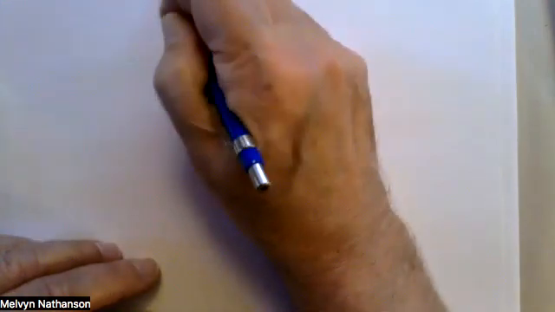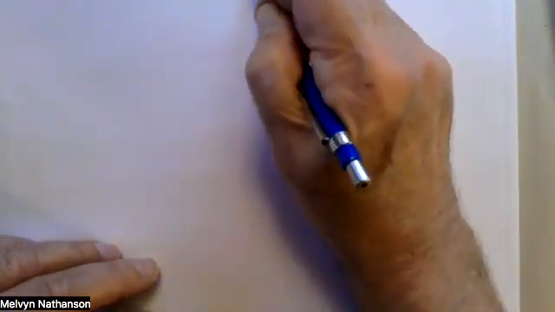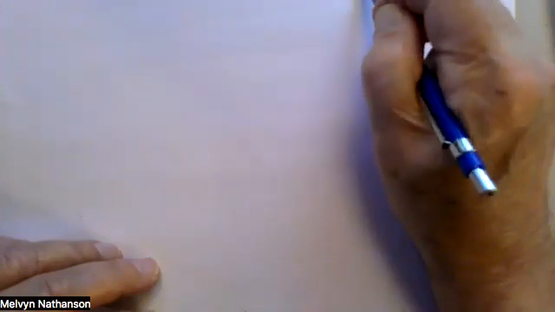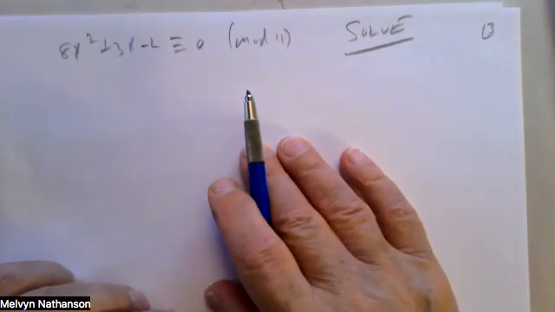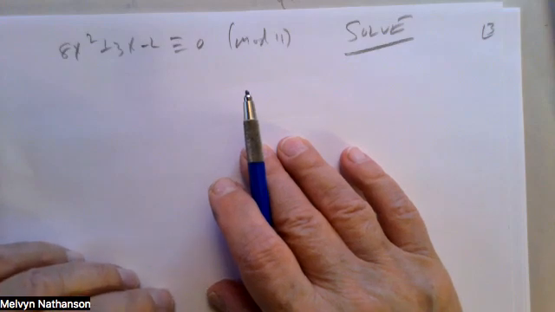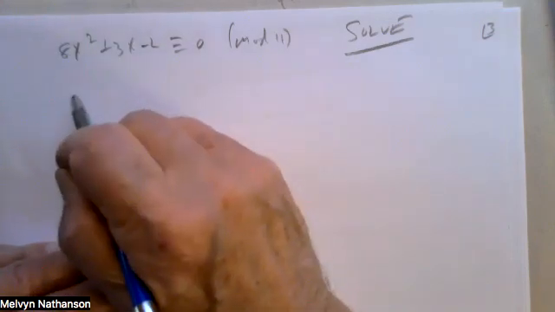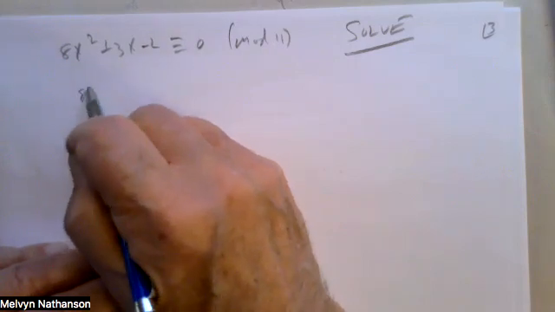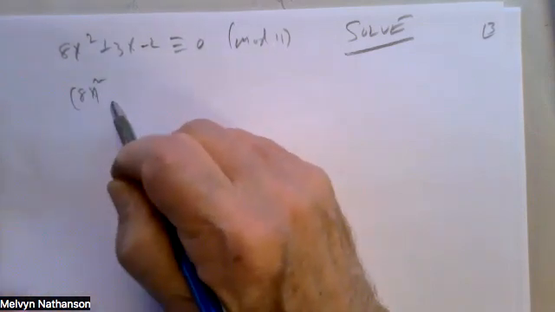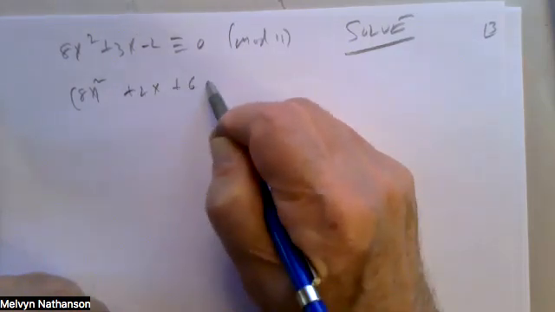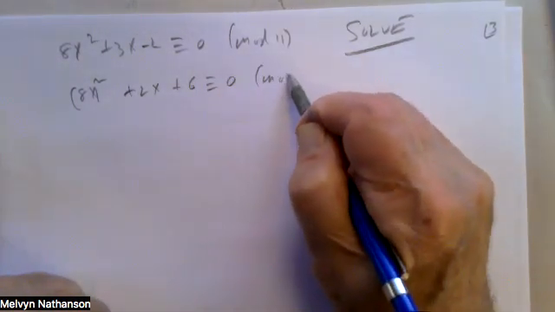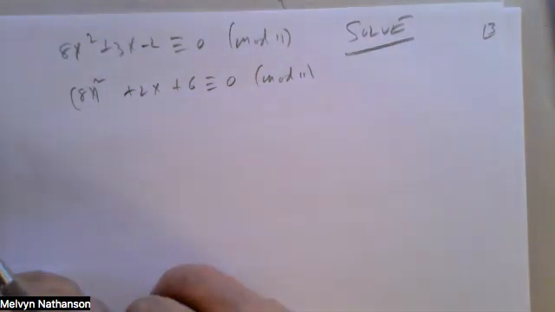I started with the quadratic equation 8x squared plus 3x minus 2 congruent to 0 mod 11. And I want to solve it. I could multiply by 8 and rearrange. I get 8x squared plus 2x plus 6 congruent to 0 mod 11.